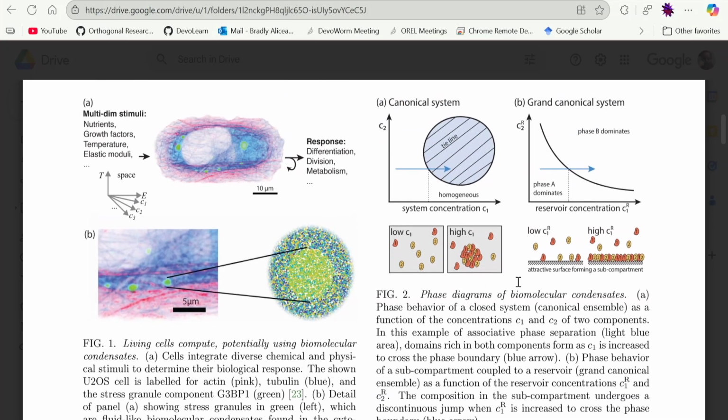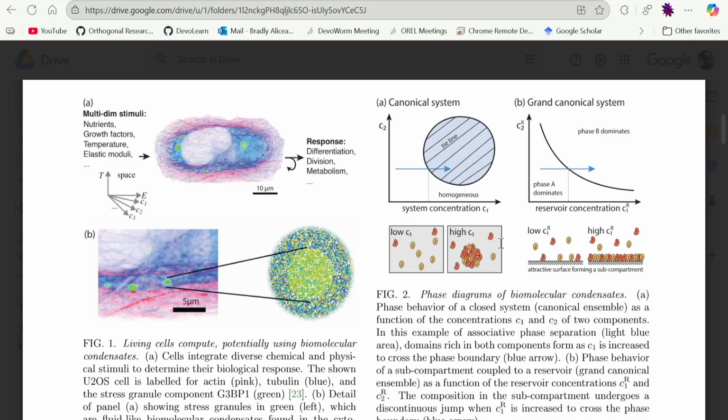Then figure 2 is where we have these phase diagrams of biomolecular condensates. So we have two different concentrations of condensates, the low concentration and the high concentration case. You can see in the low concentration case, you have these small globs of things, or maybe they're independent proteins and nucleic acids floating around in the cytoplasm.